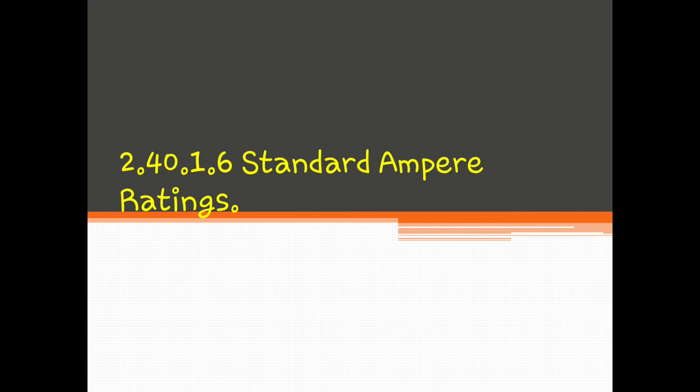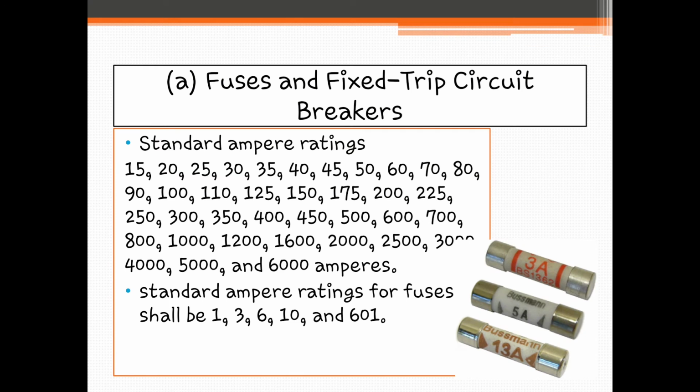So here we are going to discuss the ratings, the standard ampere ratings of the overcurrent protective devices. First is fuses and fixed trip circuit breakers. So the standard ampere ratings for fuses and inverse time circuit breakers shall be considered 15, 20, 25 up to 600 amperes.